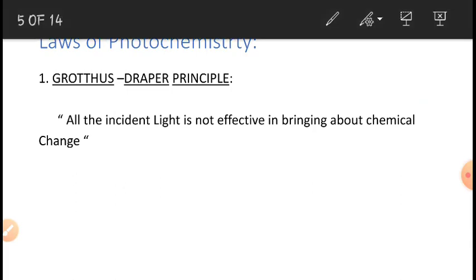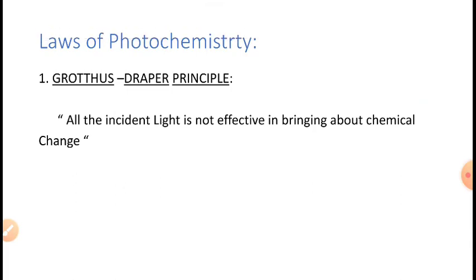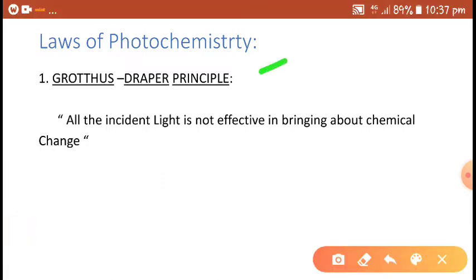We will discuss firstly the Grotthus-Draper principle. What is the Grotthus-Draper principle? According to this principle, all the incident light is not effective in bringing about the chemical change.